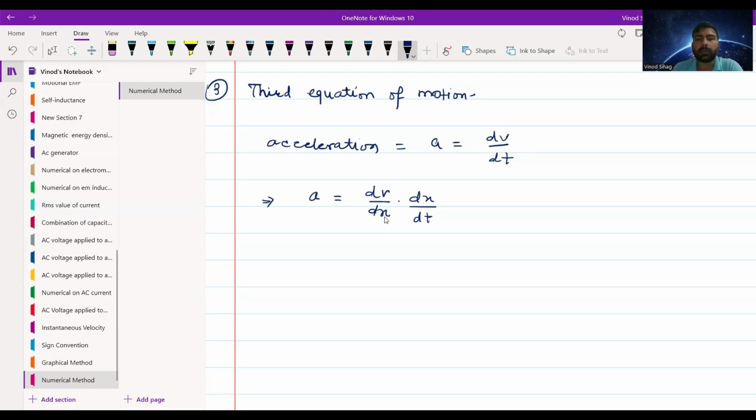If you want to go to the original equation, then you can cancel dx with dx and you will get dv by dt. Now the equation will be changed to a equals v times dv by dx, since dx by dt is the velocity.